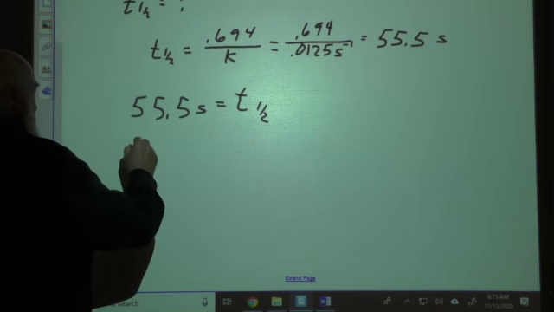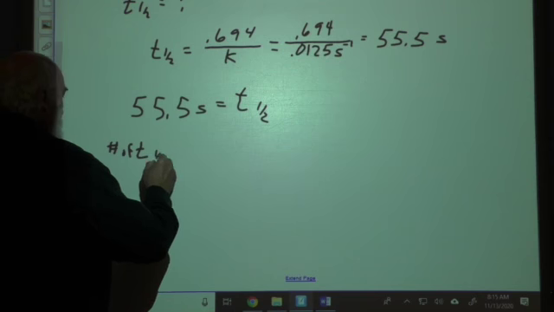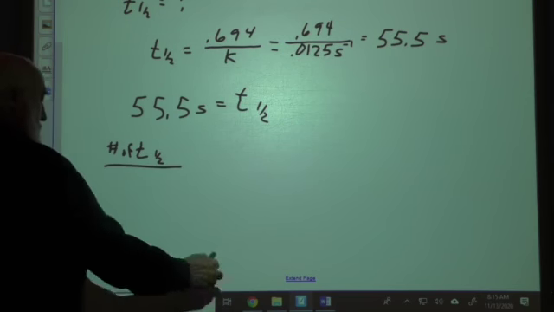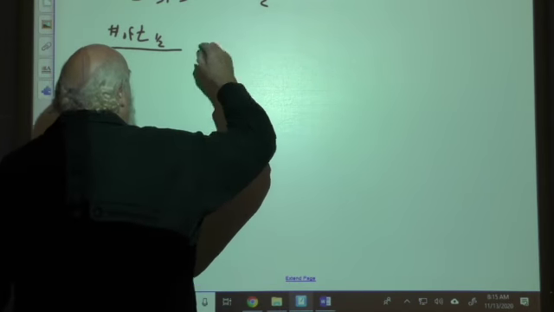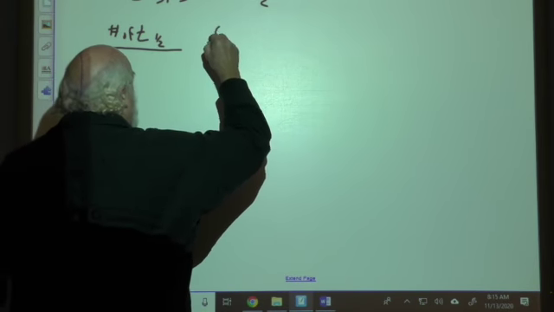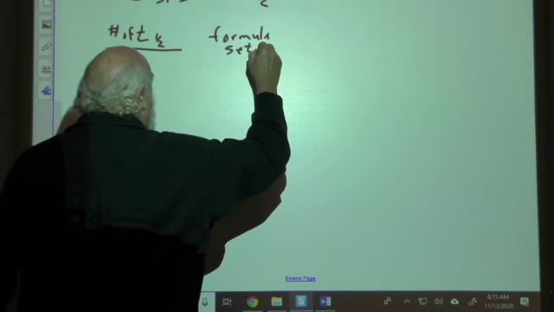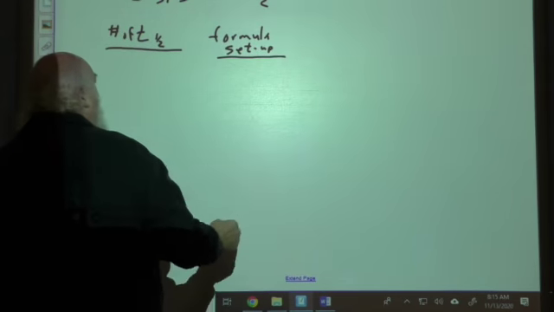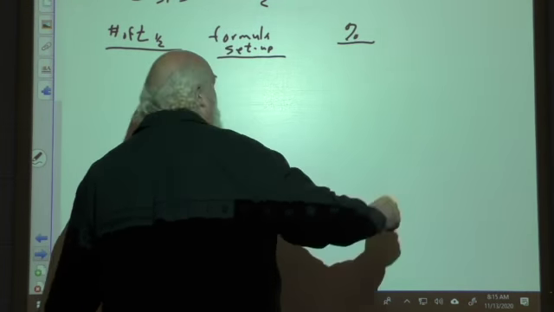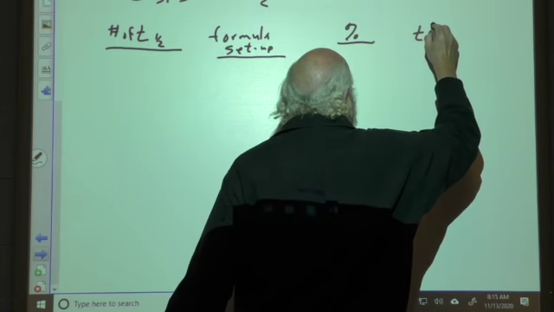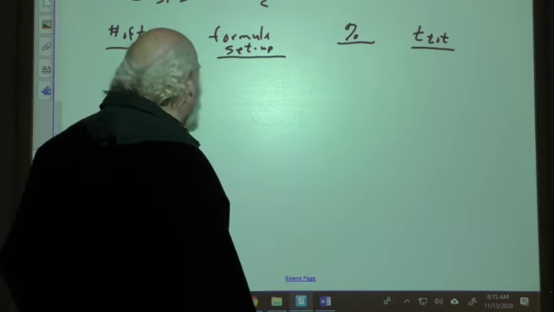I'm going to make a column for the number of half-lives, then I'm going to have the formula set up for this, and then I'm going to get my percent that I'm looking for here, and then I'll get my total time for my answer, what I'm looking for.